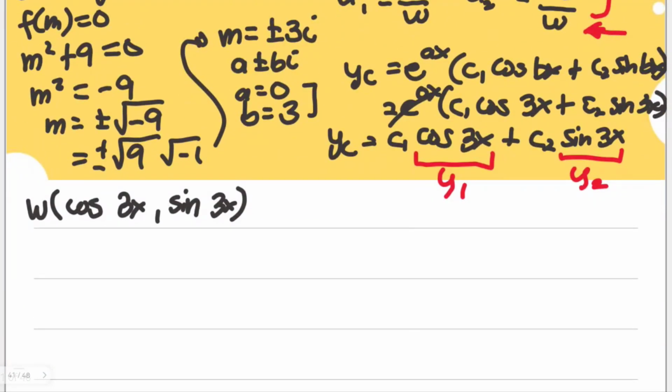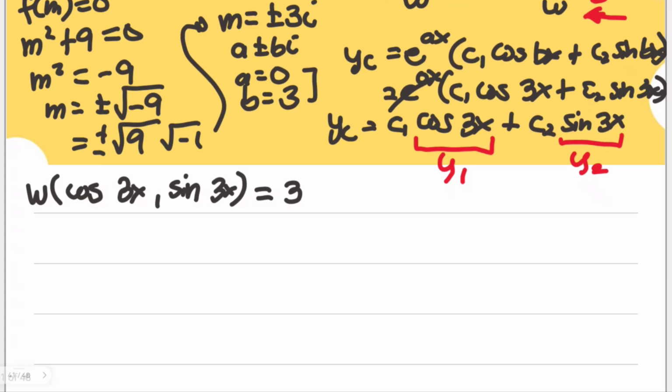By the way, the Wronskian of this was already presented in the previous video. I am attaching below the link for solving the Wronskian of the specific item pertaining to these two functions because this was already identified as equal to 3. The Wronskian of cosine 3x and sine 3x is equal to 3.